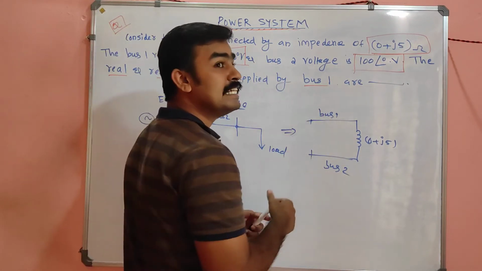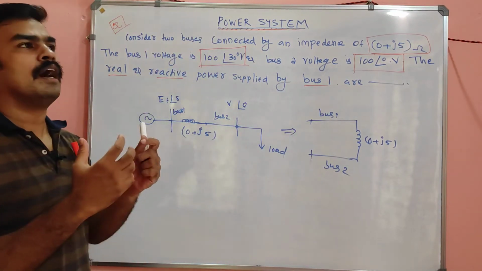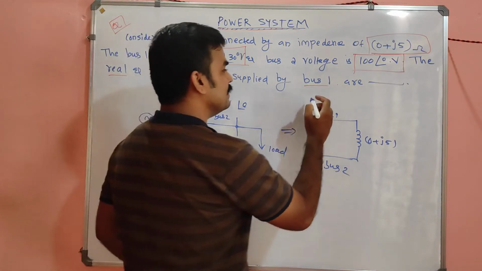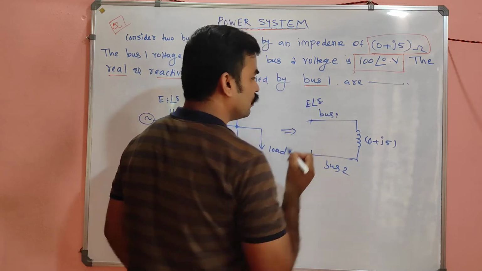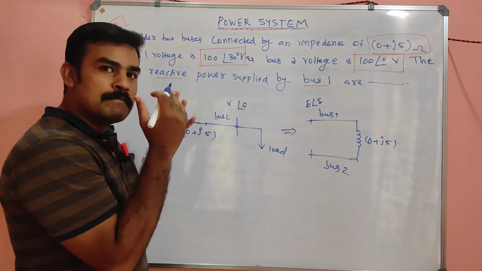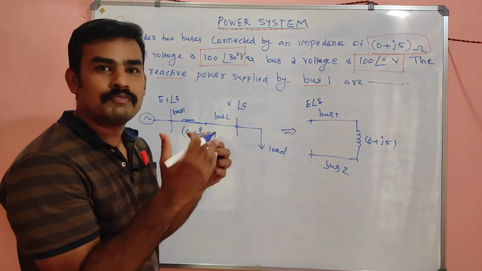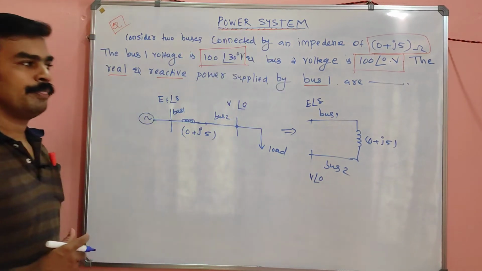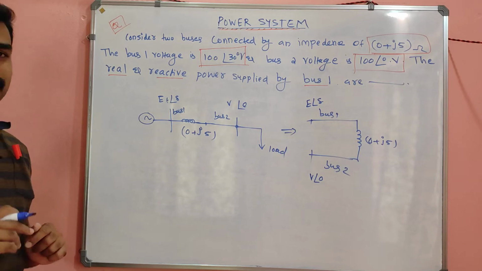The voltage format of the generator bus is E angle delta. The voltage format of the load side bus is V angle 0. It is very important.